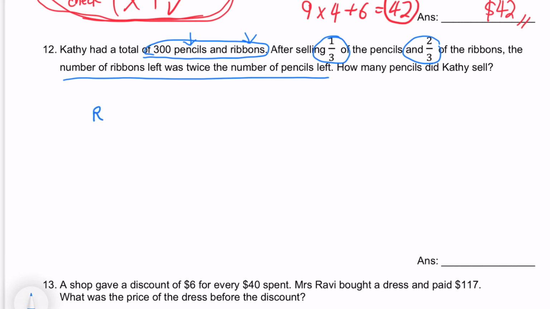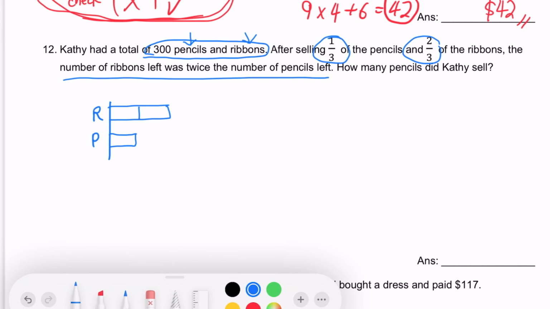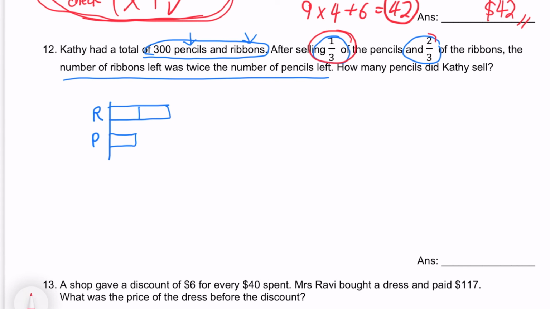So let us try by crafting a model, ribbon and pencil. So ribbon is twice. Okay, now done. So the second part is the most important part. I'm going to apply this to the model. Let's go to pencil first.